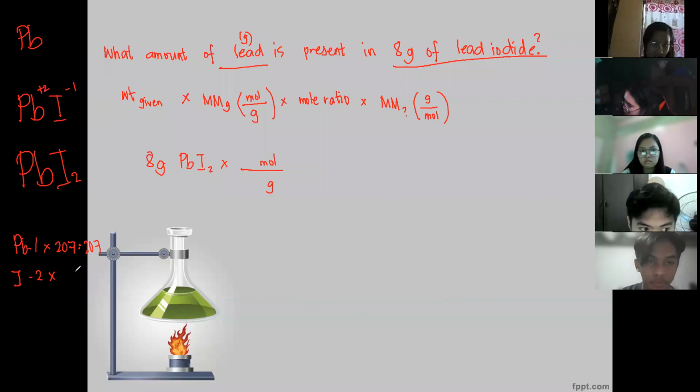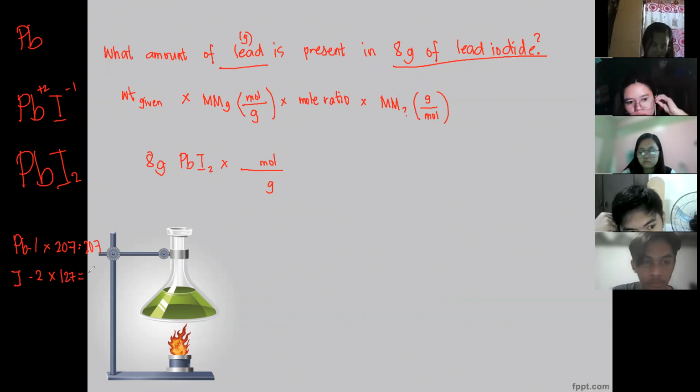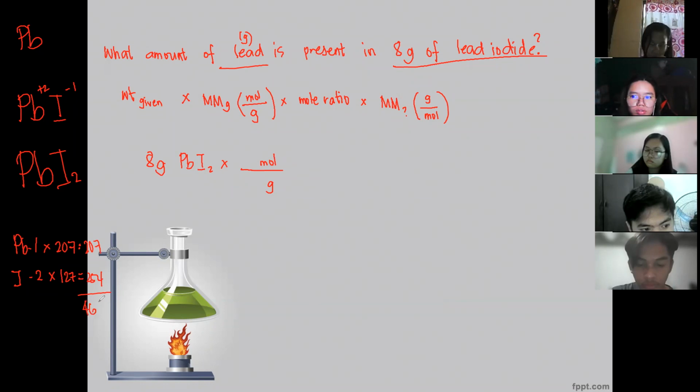And then, how about iodine? 127, ma'am. Okay. So 127 times 2 is 254. Sige, 254 plus 207 is 461. Okay, this is 461 grams per mole.